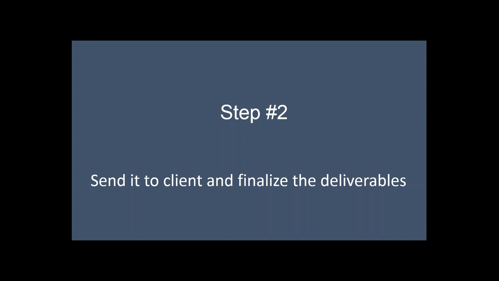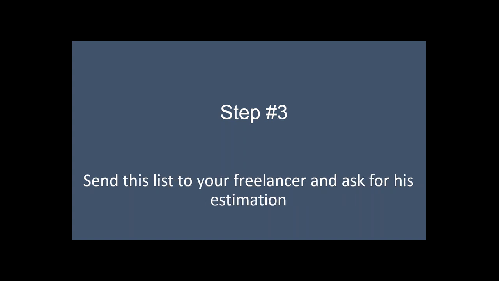Suppose it's a restaurant, then these 3 or 5 recipes he's looking for, and these are the dates he's looking to go live. All that you have to mention in the email, send it to the client, and finalize the deliverables. You have to tell them that this is what we have agreed upon and this is what I'm going to deliver. All right, so that is step number 2.